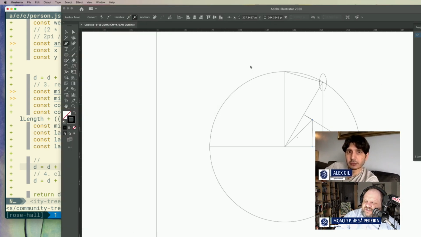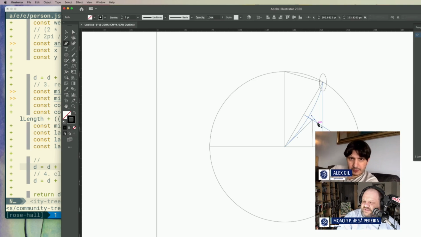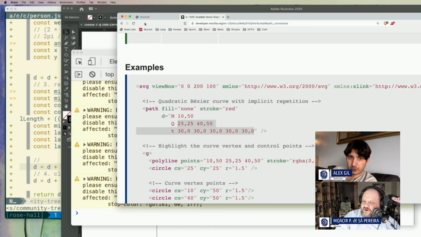So ideally, we'll get something that looks like this, like a nice gentle curve that's even across the length of the line. That might work. Do you think? I mean, that's what we're hoping for.